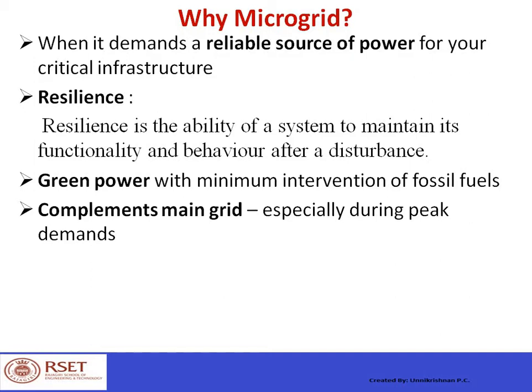For example, during the evening from 7 to 9 or 7 to 10, the load will be maximum. At that time, the generators might fail to supply the load. So a microgrid, if it has excess power, can supply it to the main grid.